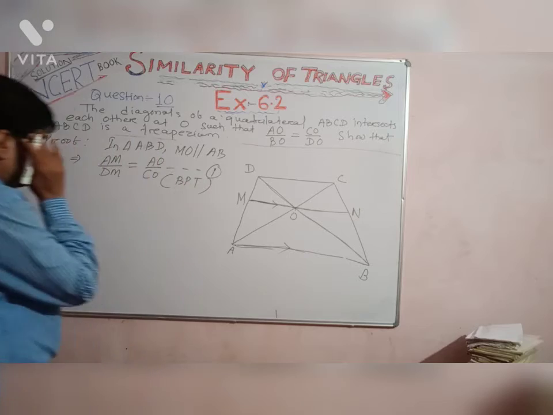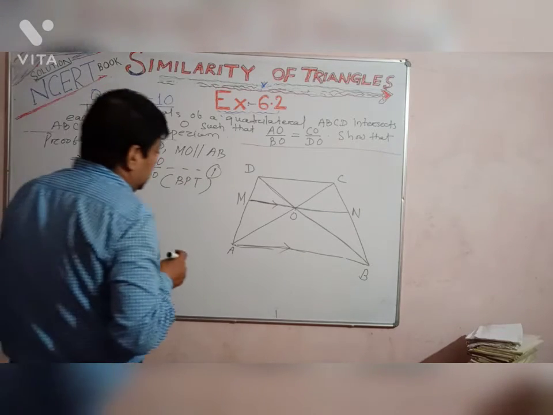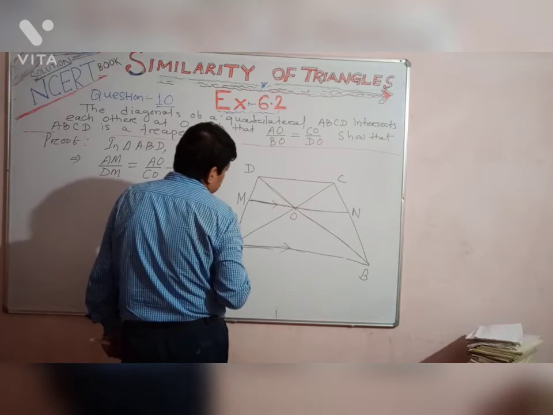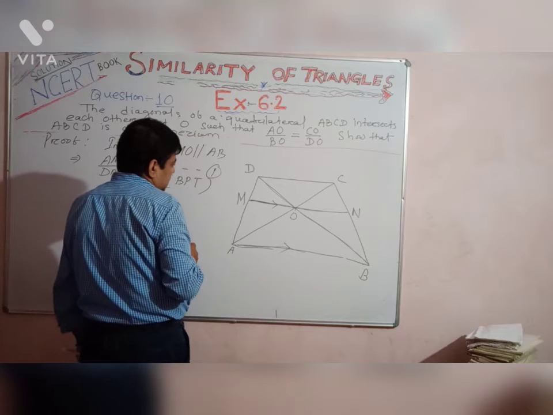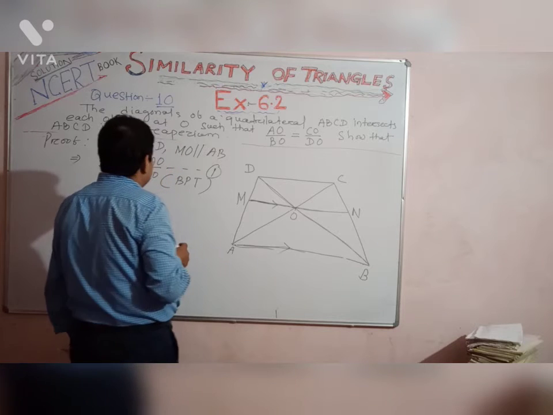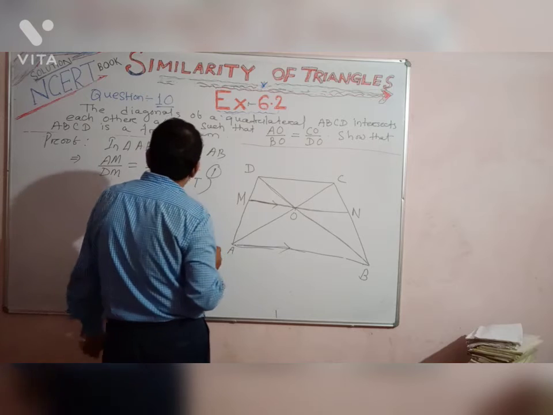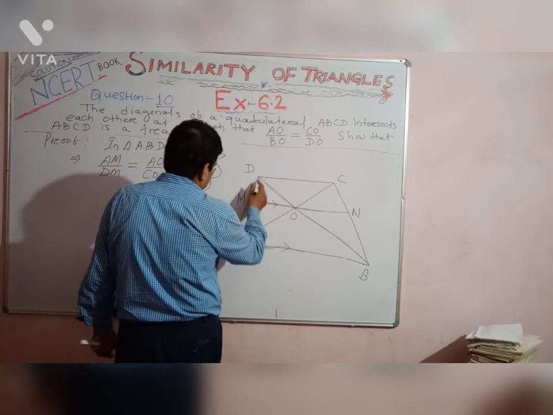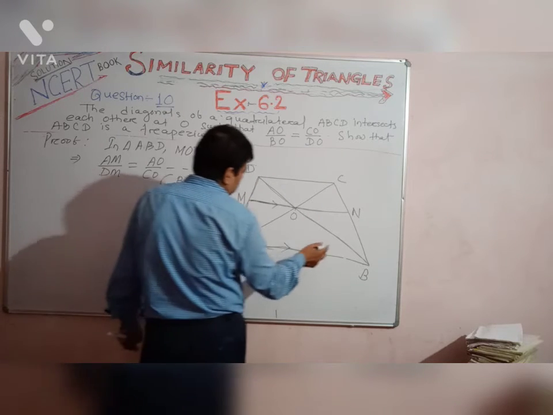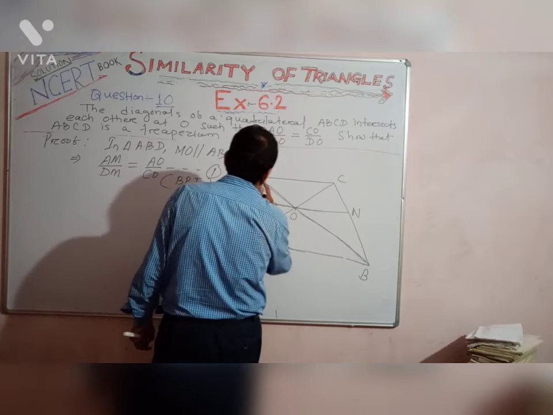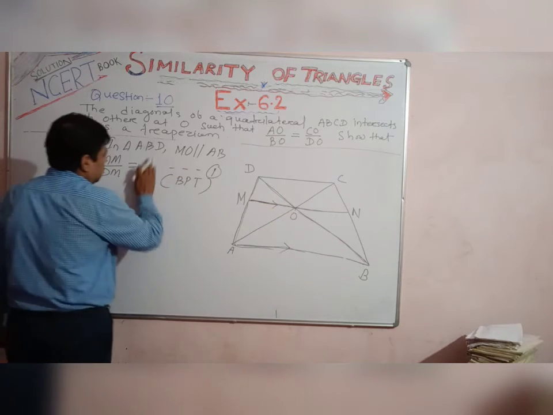Again you see, in the triangle ABD, AM upon DM is equal to, no, BO is equal to DO. There is a mistake, sorry, extremely sorry for that.